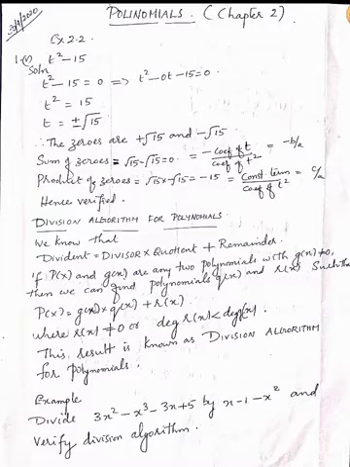If p of x and g of x are any two polynomials with g of x not equal to 0, then we can find polynomials q of x and r of x such that we can write p of x is equal to g of x into q of x plus r of x, where r of x equal to 0 or degree of r of x is less than degree of g of x. This result is known as division algorithm for polynomials.